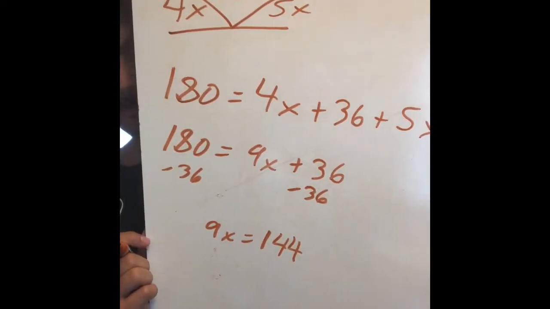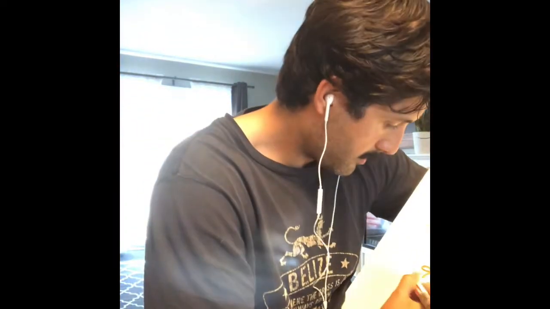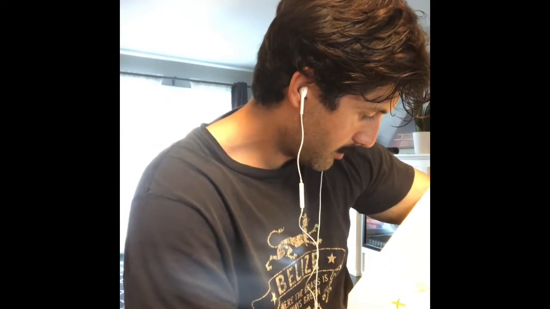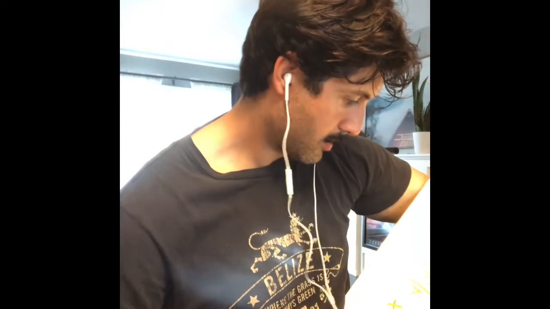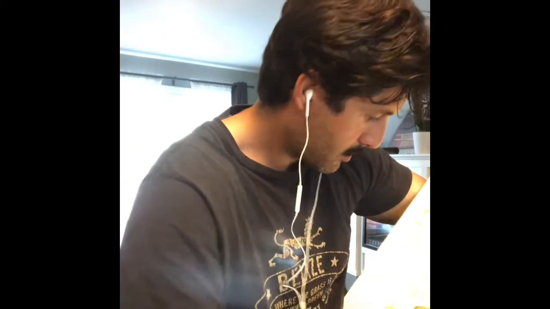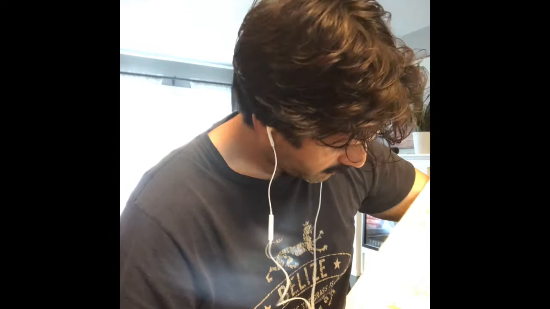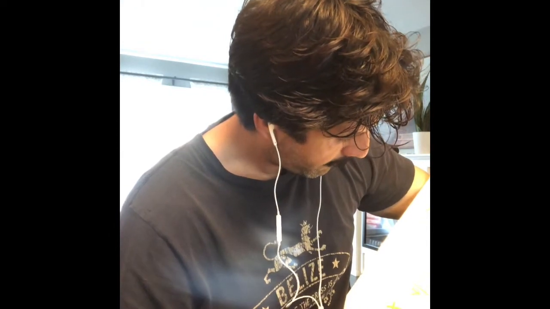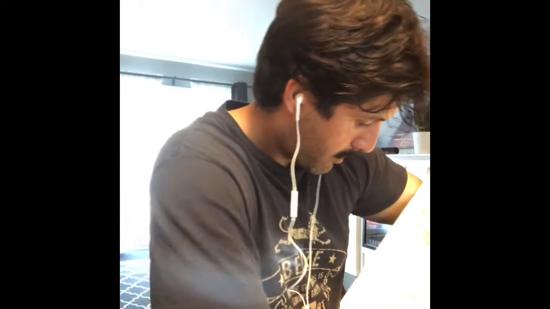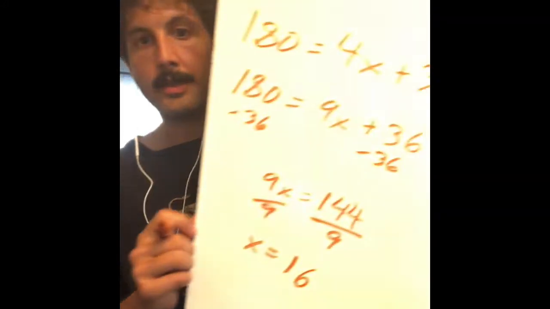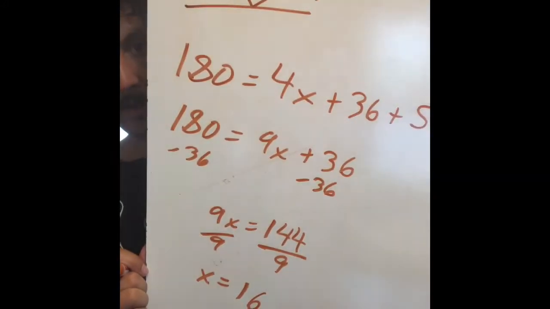Now next, 144 divide by 9. X equals 16 when you divide by 9. Okay, so x equals 16.